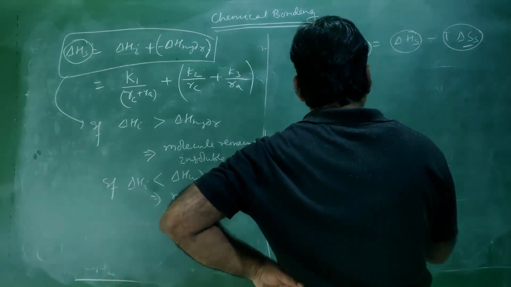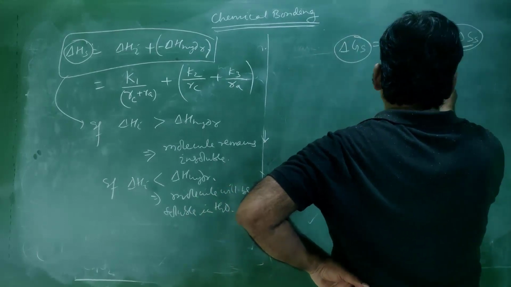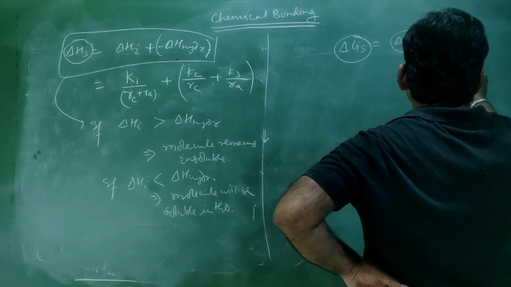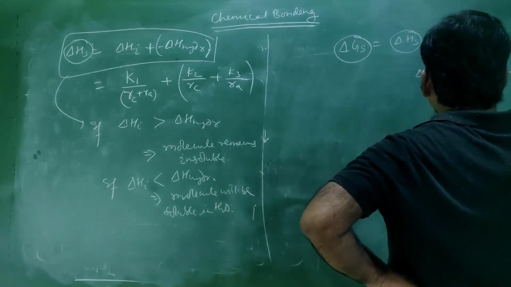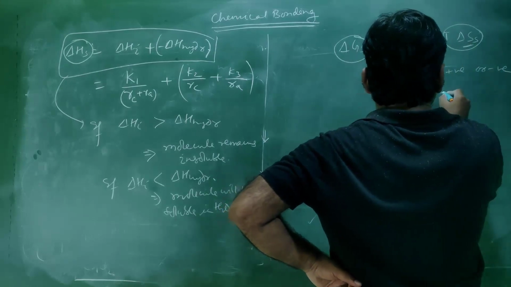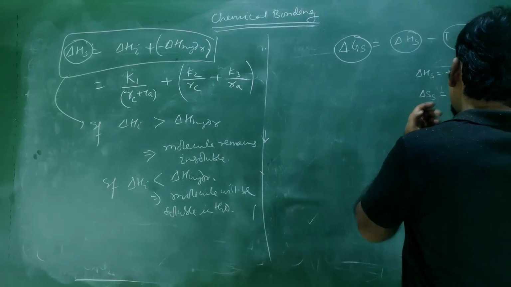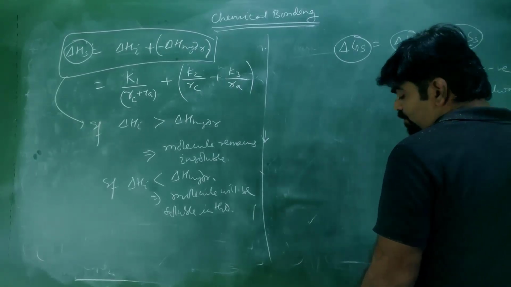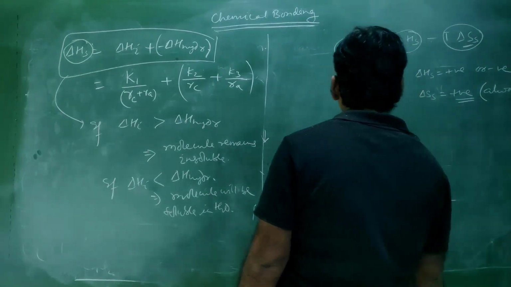While dissolving, delta Hs can be positive or negative. Delta Ss, that is entropy, is always positive because entropy always increases while dissolving because the number of ions increases. So delta Ss is always positive.